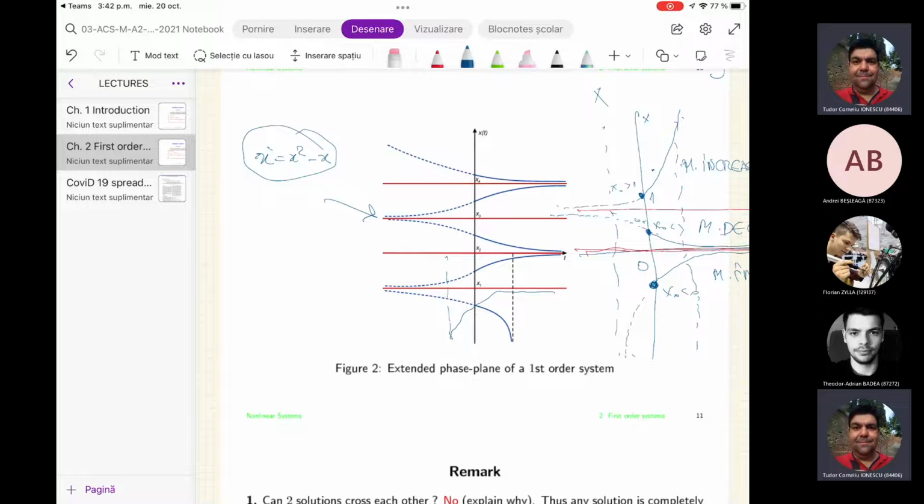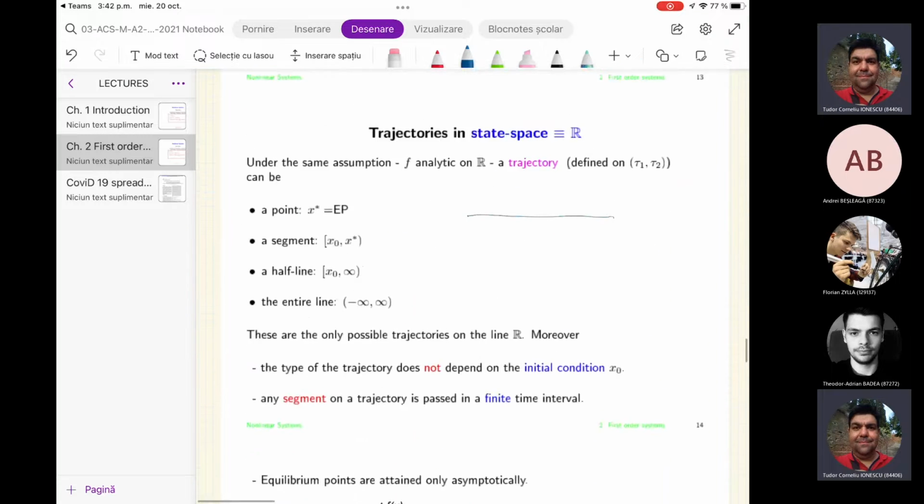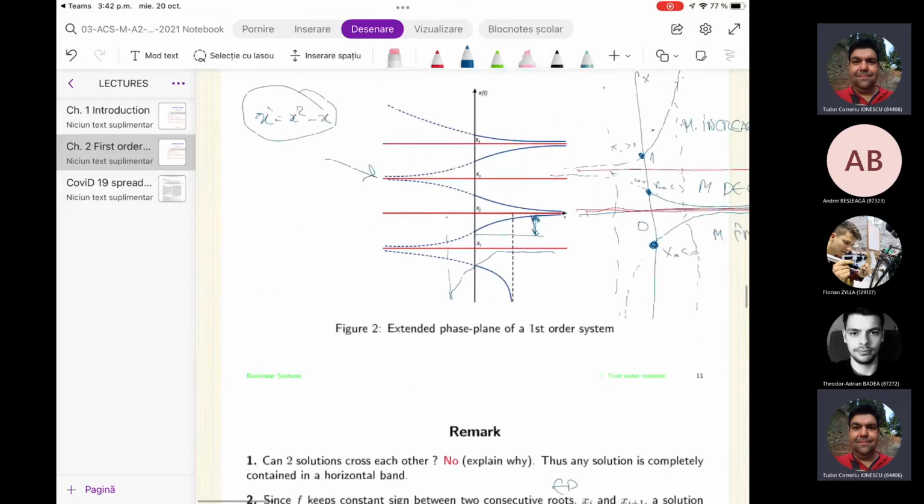Here, look, this is a segment. Or half lines.